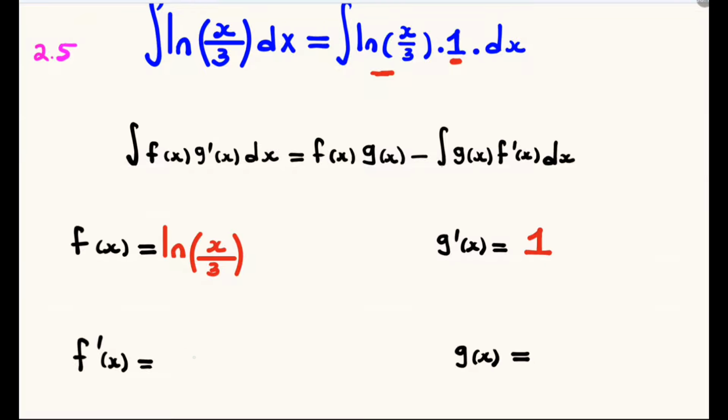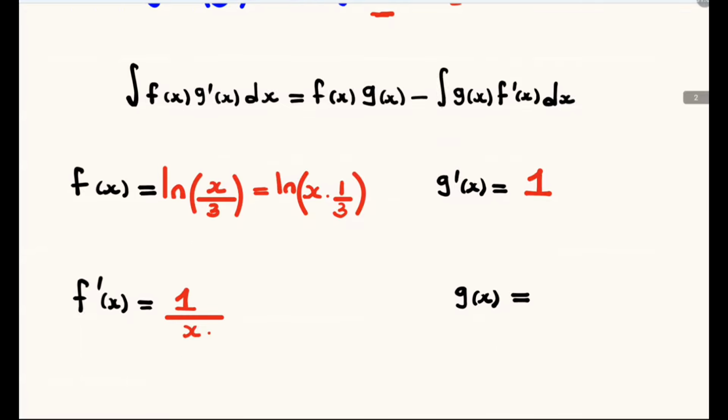So let's start by differentiating the f. The derivative of the ln will be 1 divided by x. We can rearrange the ln and write it as the ln of x multiplied by 1 over 3. So the derivative will be 1 divided by the function which is inside the ln, the x multiplied by 1 over 3, multiplied by the derivative of the function inside the ln.